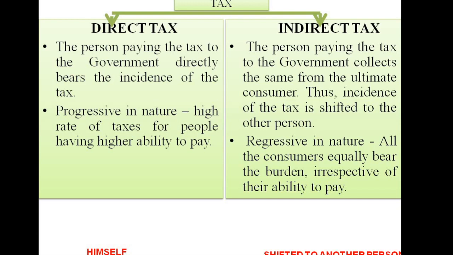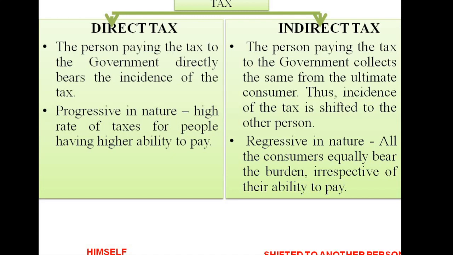What does it mean? It is regressive in nature. Suppose you are buying a notebook from the shopkeeper. The shopkeeper is collecting rupees 10 from you as the cost of the notebook. But you do not know that out of the 10 rupees, 1 rupee is tax and 9 rupees is the cost of that copy.